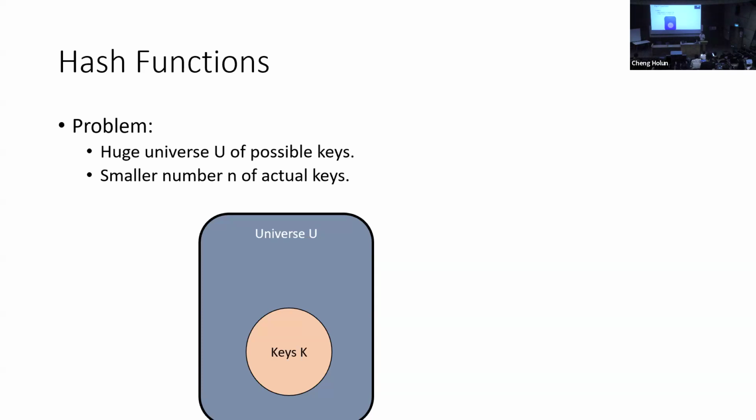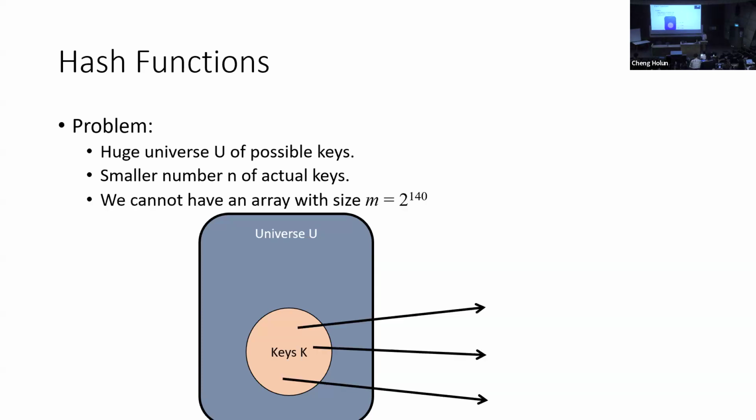For example, if the blue set is all the possible combinations of the 26 English characters that is less than 24 length, the universal set is very big. But you know that in our English dictionary, we have at most 1 million words. In our normal dictionary, it's like 10,000 words. This peach color of usable keys is very small. So we wanted to put it into a small table.